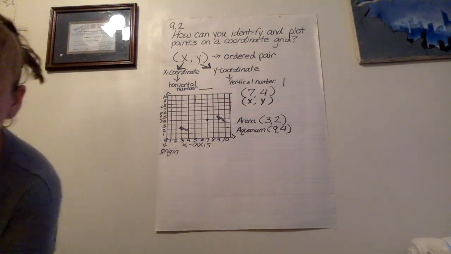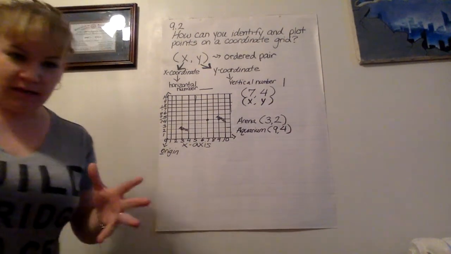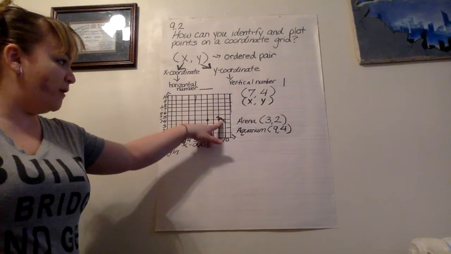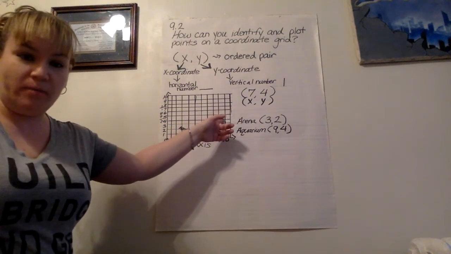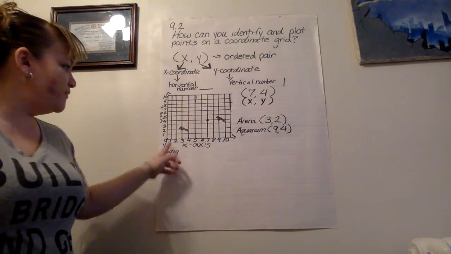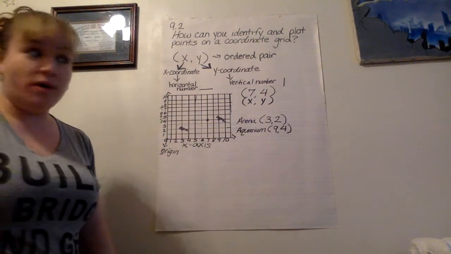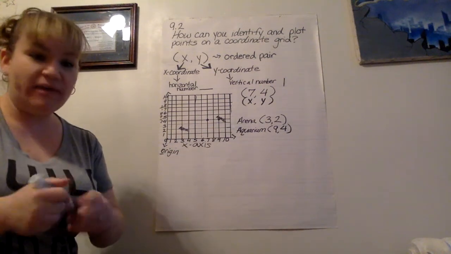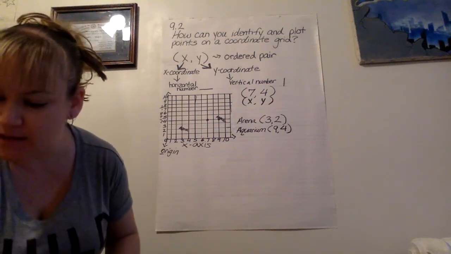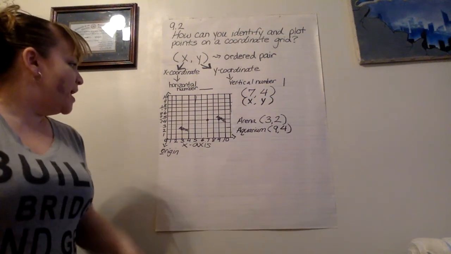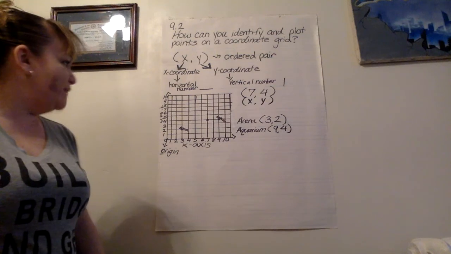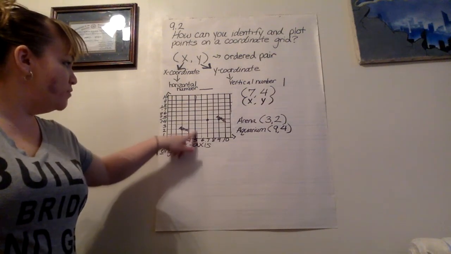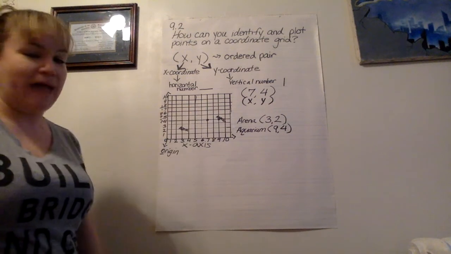Oh, okay. One more thing, they're going to make you do 3 things. Identify it. So let's say they had the aquarium there and they say, what's the coordinate points? Let me identify it. It's (9, 4). Or if they want you to plot it, that means you plot it. They'll give you coordinate points. Let's say they give you (5, 8). You plot it. Okay, (5, 8), boom, plot.